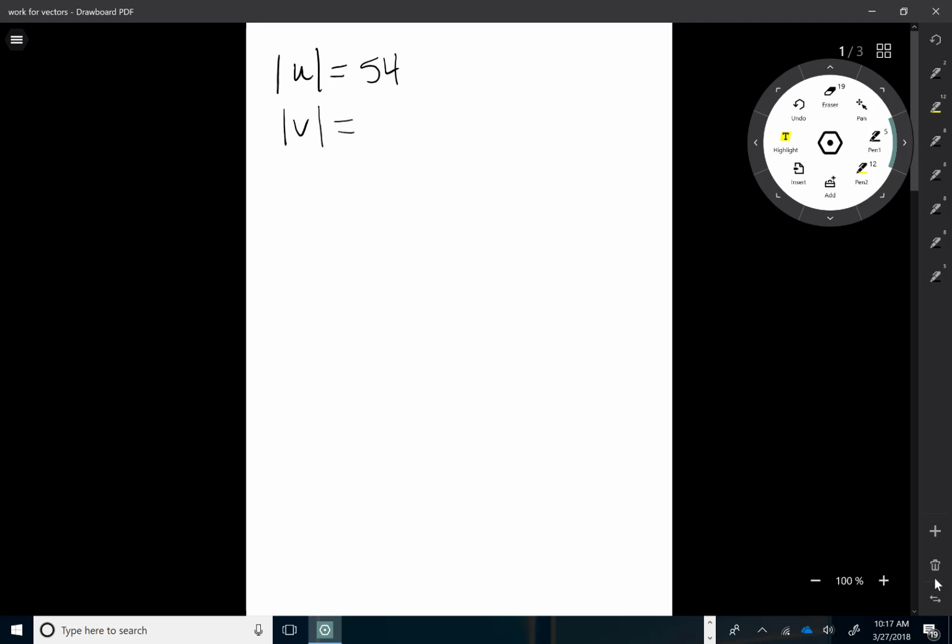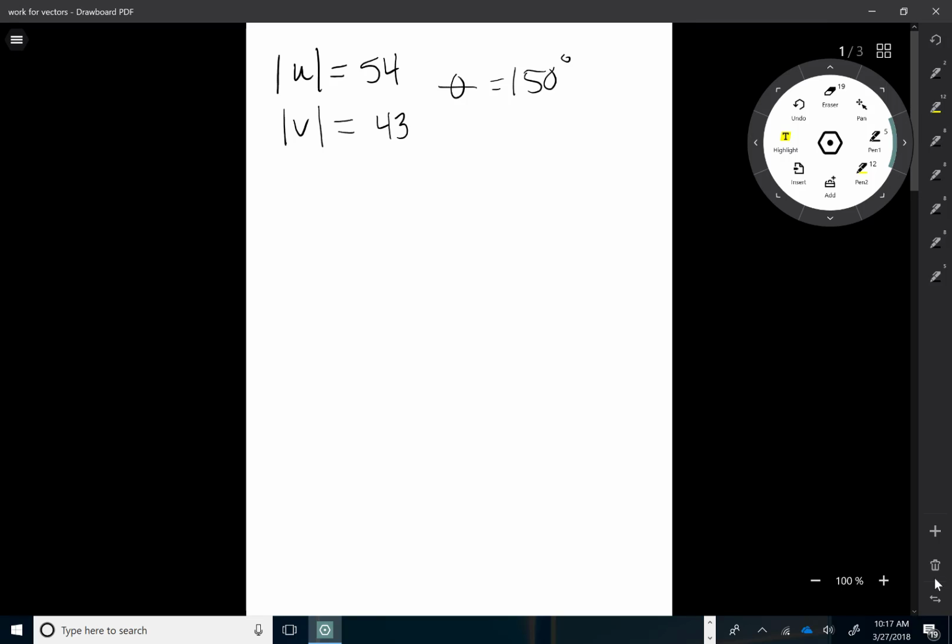And here is the magnitude of vector v. And then theta is the angle between them. And there's two different ways to look at this. I actually prefer what's called the parallelogram method, because that helps a little bit with some different properties that parallelograms have. It helps you with the angles.